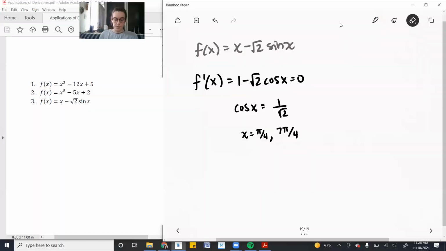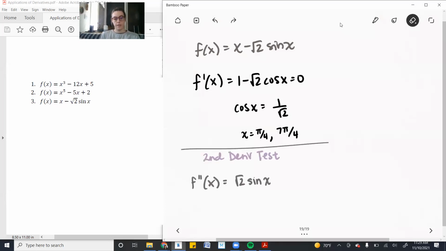Okay, so first, got to find the critical numbers. This is what I got. And now I'm going to test those critical numbers by plugging them into my second derivative. So I have to find f double prime, which should be square root of 2 sine x.